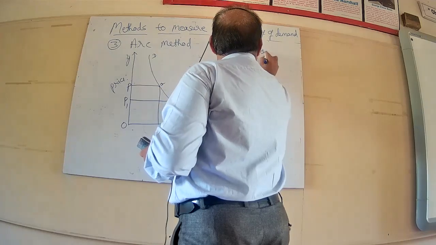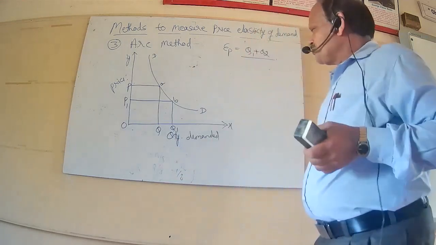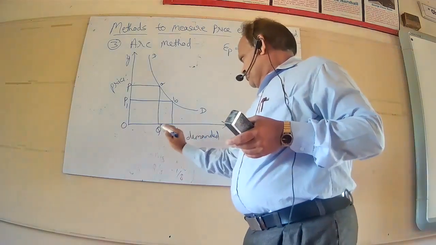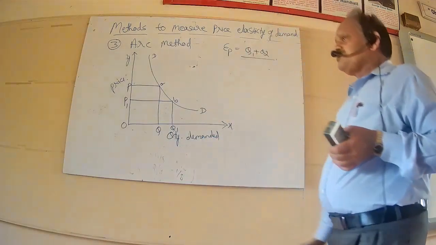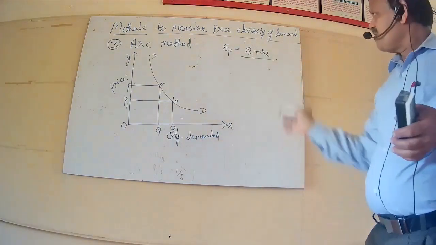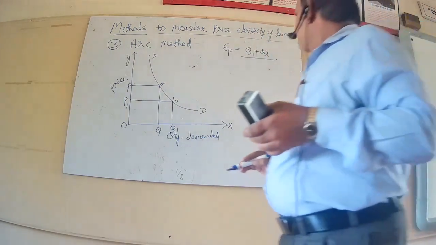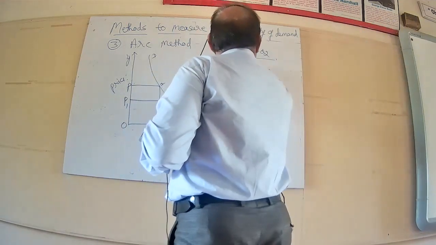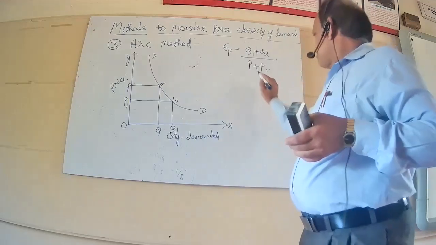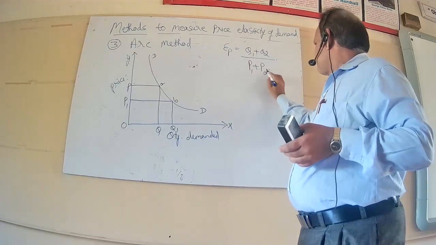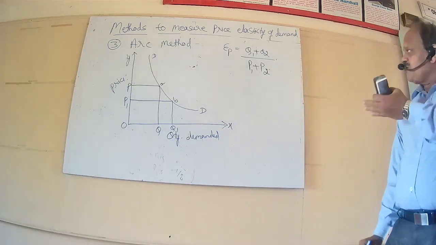Q1 plus Q2. It means Q1 is the initial demand and Q2 is the changes in demand after the changes in the level of price, divided by P1 plus P2.